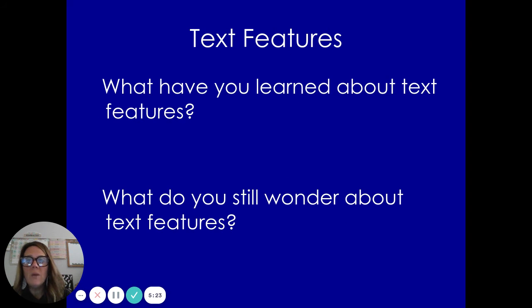Okay, so think a minute. What have you learned about text features? Is there anything new you've learned? Okay, and then what do you still wonder about text features? Okay, so now that you've watched 2 videos and you understand text features, you are now going to do the worksheet called Bengal Tigers. And you'll see that Bengal Tigers has bold words.